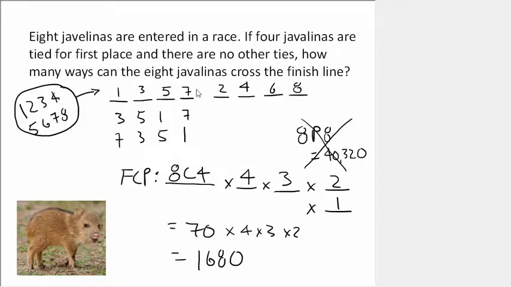Tricky problem. We had to first identify that there were two parts to it. There was a combination part, and there's also a permutation part. And the only way we can combine those is with the FCP, where we're embedding combinations and permutations inside of the FCP. By the way, we could have written this slightly differently.